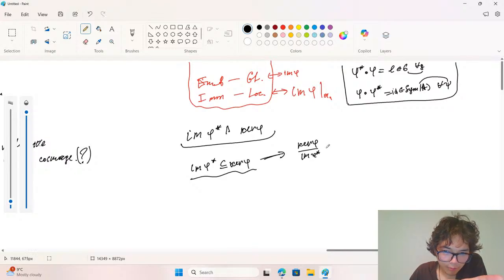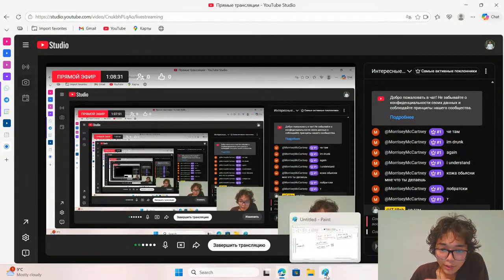If it's trivial, this is the factor group, so then they are equal. Or, in order to measure how much image and kernel differ from each other, we define phi star and phi in this way.